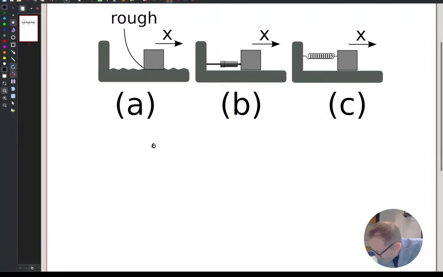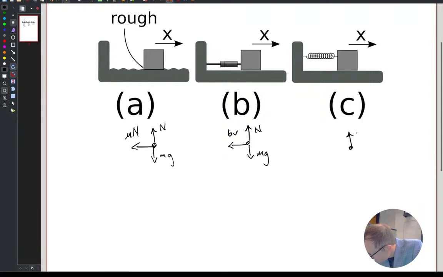Quick recap. We had mu N, mg, b times v, N, mg, N, mg, and then kx.